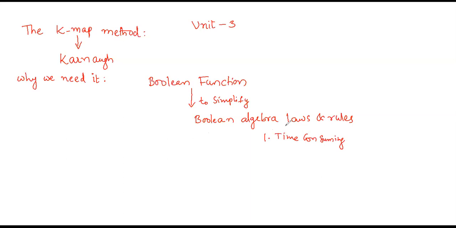So we look for an alternative method to simplify the given Boolean function, and that alternative method is the K-map method.